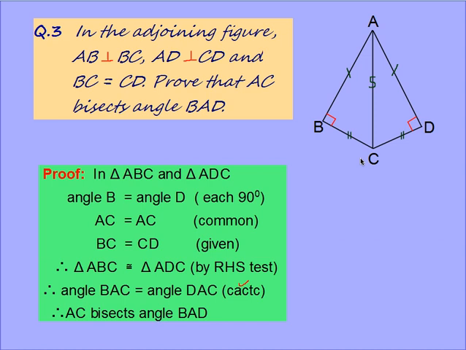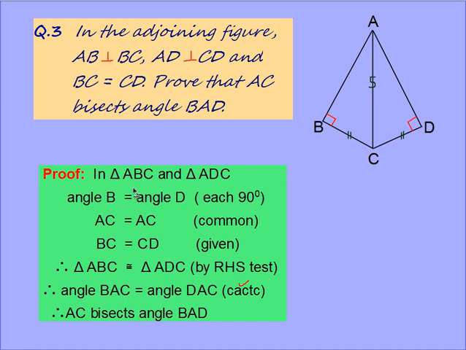So they have not given this, AB. This maybe I have taken from another diagram. So whatever is given, we will work accordingly. Now if you see here, again I am getting the RHS test only, with 90 degrees each. This is common, as I taught you on the first page, and this side is given.